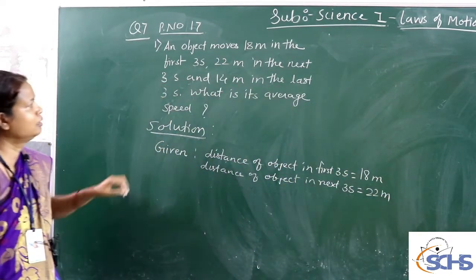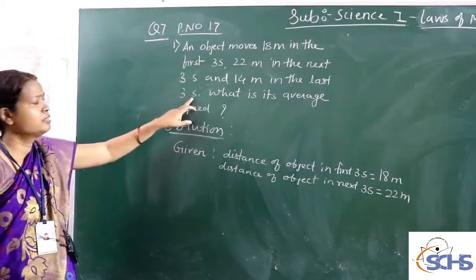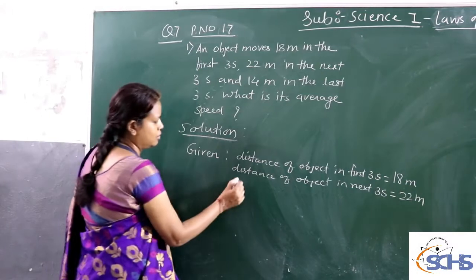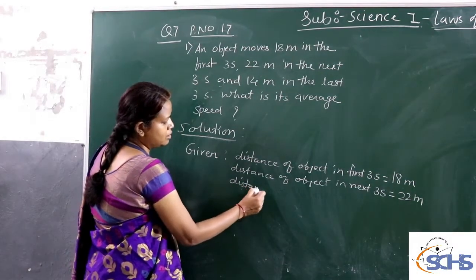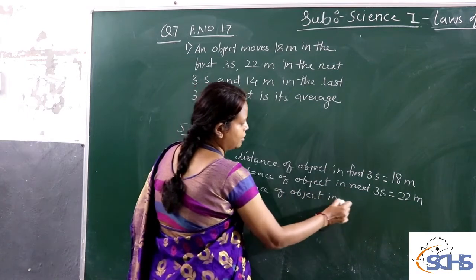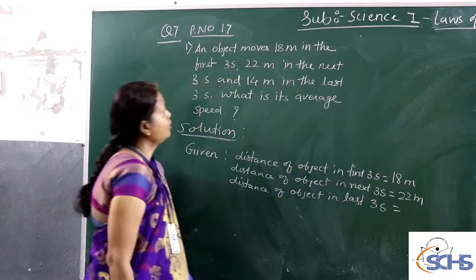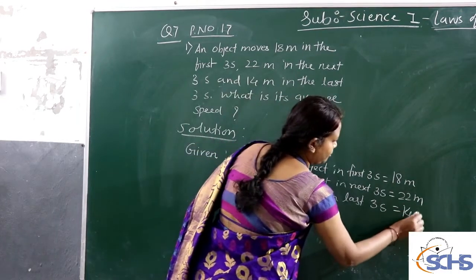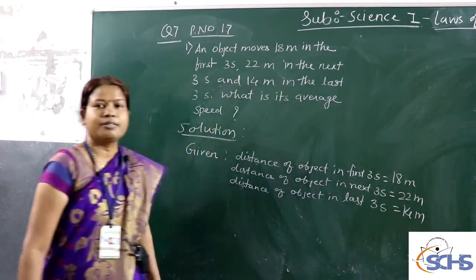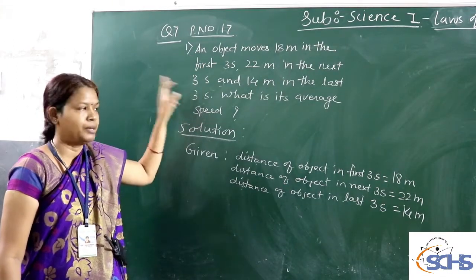At last, 14 meter in the last 3 seconds. So the distance of object in last 3 seconds is equal to 14 meter. In this way we have to write what is given in our example.